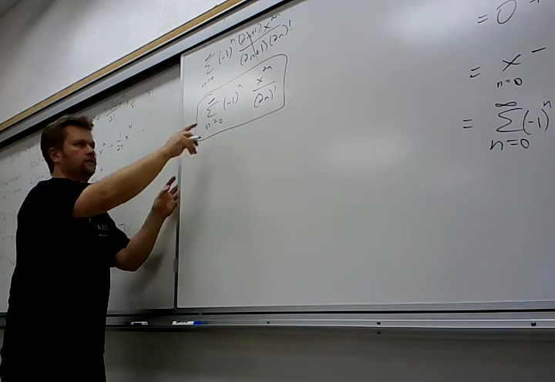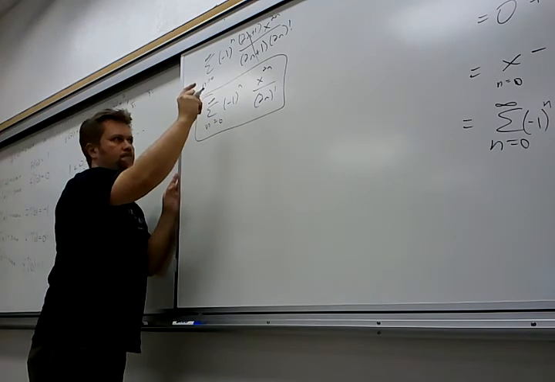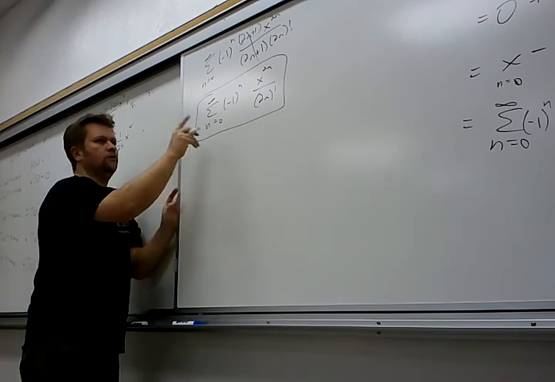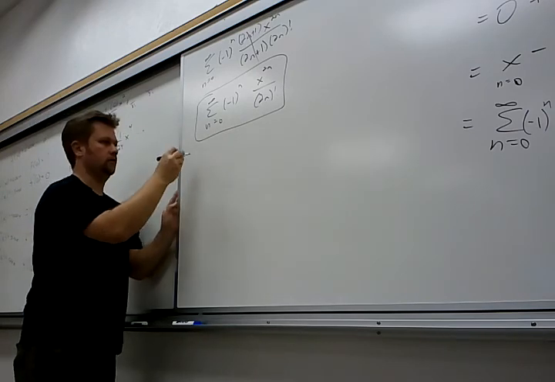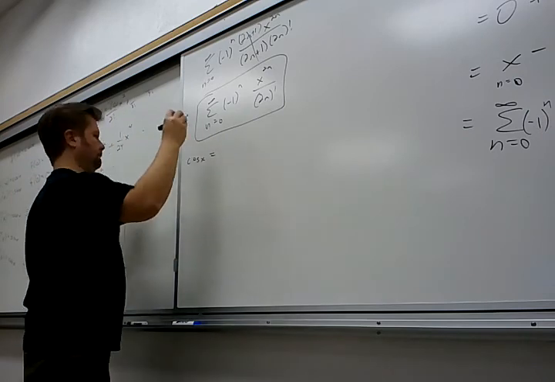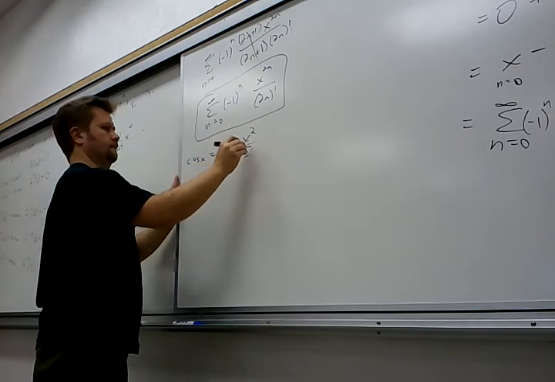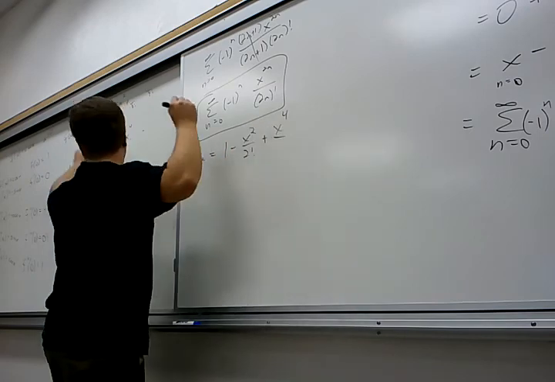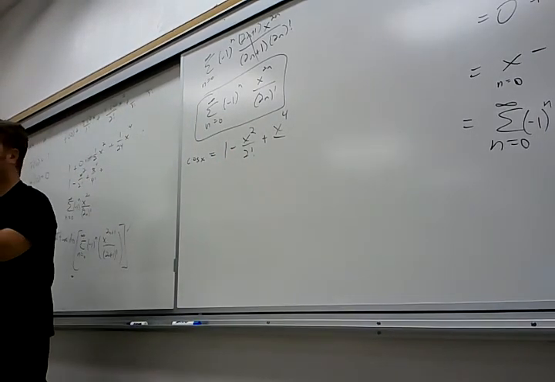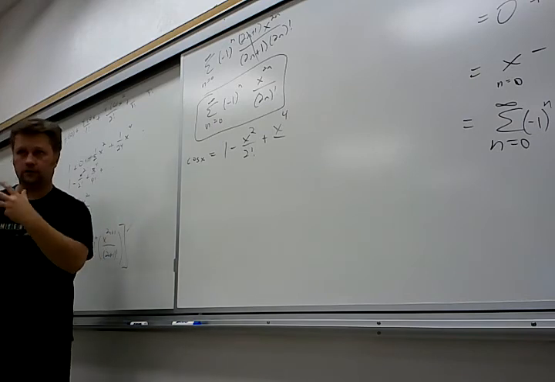So why don't we try this? This is supposed to be the cosine thing, and it's supposed to work really well close to what? Close to 0, because that's the a that we chose, right? If I wanted it to work really well close to 30 degrees, I would have built it around pi over 6.